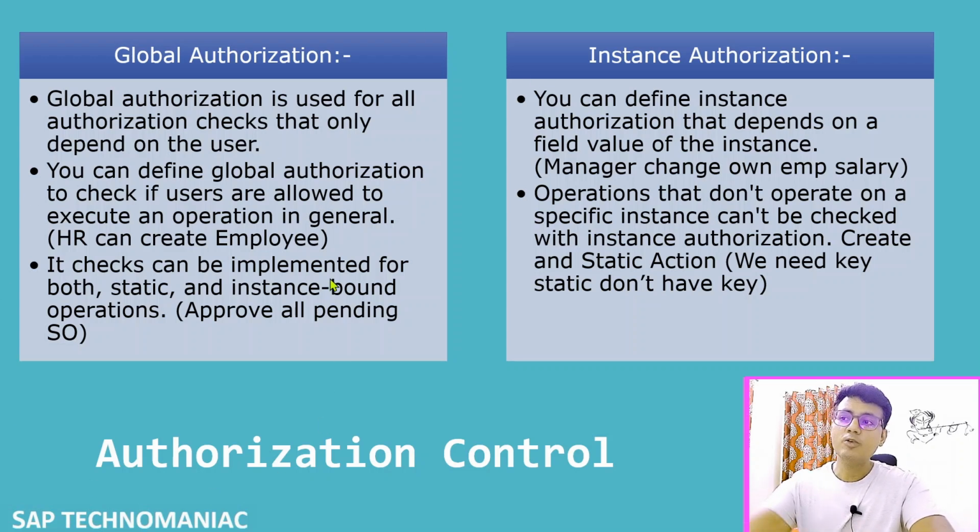The thing is that global authorization can be applied not only on static operations, it can also be applied on instance operations. Static and instance operations, you already know. A static operation is bound to the entire BO. For example, the create operation is never bound to a particular existing instance. Another example: suppose I want to create one action button which will approve all the sales orders which are open.